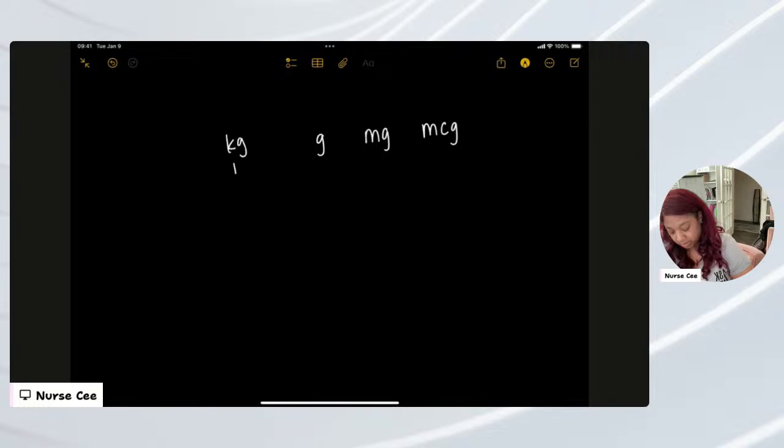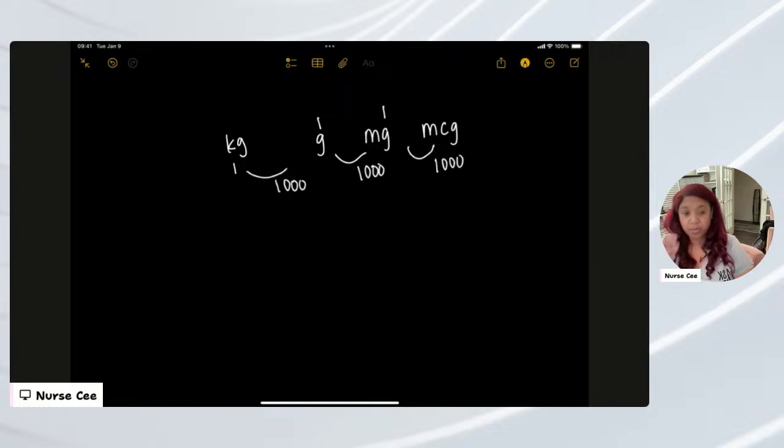We can digest smaller bites versus a whole heap of food. So just like we did the grams, the milligrams, the micrograms, the kilograms, and how 1 is 1,000 of those, 1 is 1,000 of those, and 1 is 1,000 of these. Break it up into pieces like that.